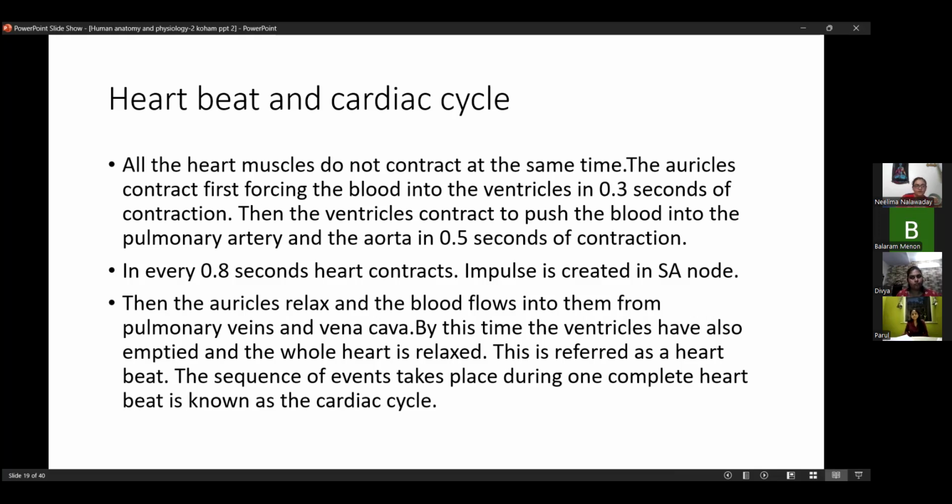There should be some force or power responsible, and what is generating that power? An electrical impulse is generating that power, and because of that the heart muscles are contracting.